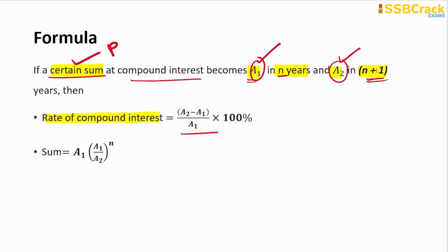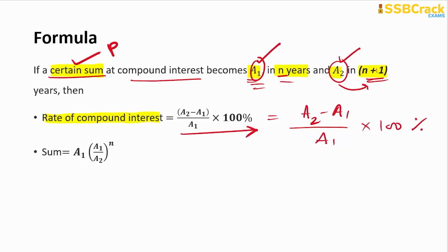Then this formula will help you easily get that rate of interest applied on the initial sum of money P, to get the amounts A1 in n years and A2 in n plus 1 years. A very simple formula, you can easily remember: A2 minus A1 upon A1 multiplied by 100%.